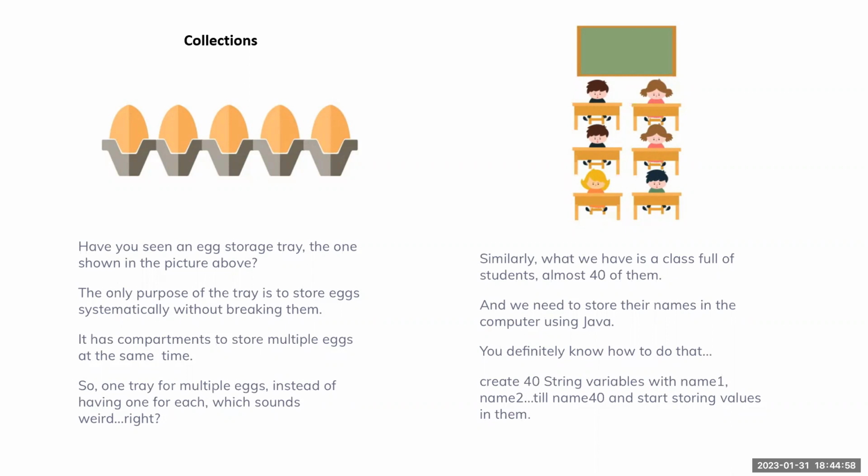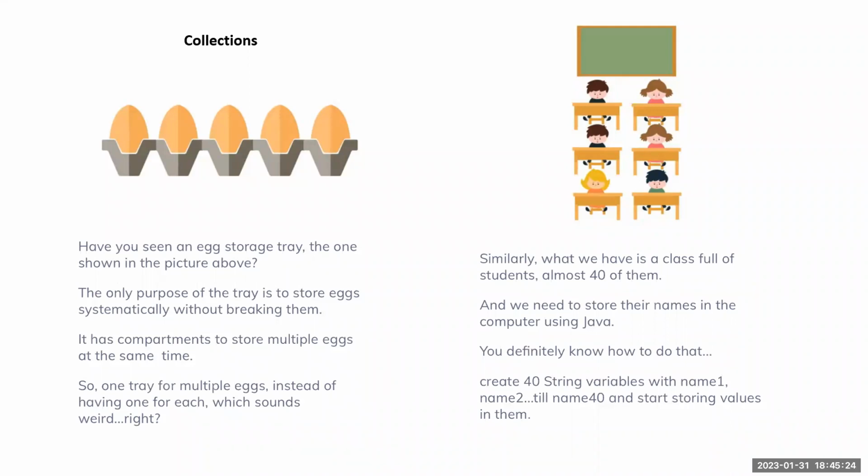Generally, till now we were able to identify only single variables, and how they store data. If you ever thought of an egg tray: the only purpose of the egg tray is to store eggs systematically without breaking them.